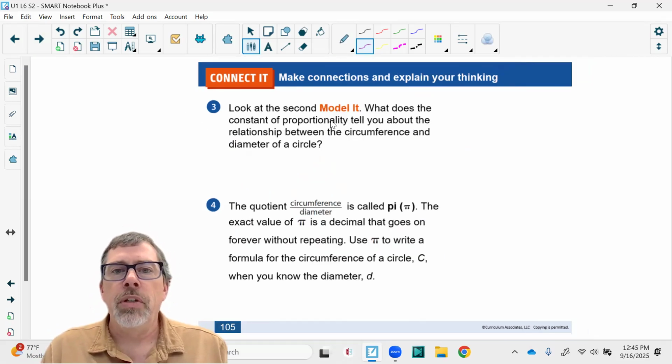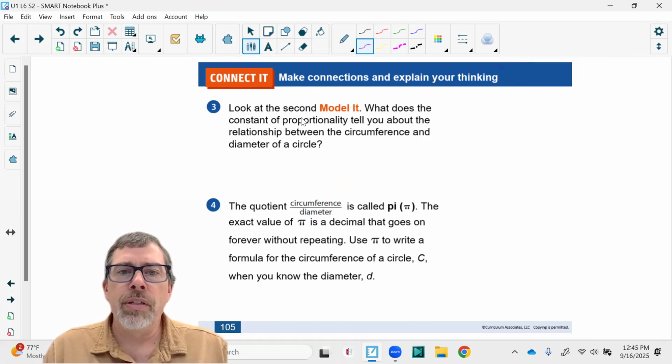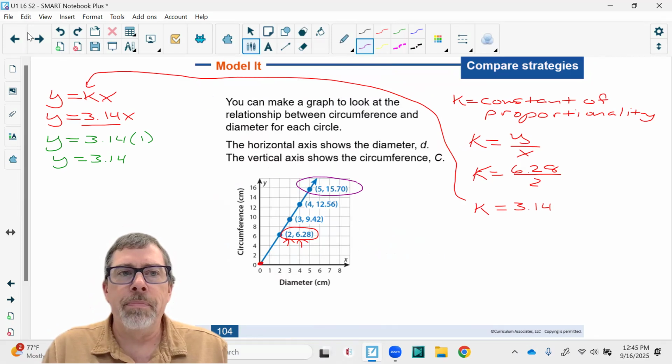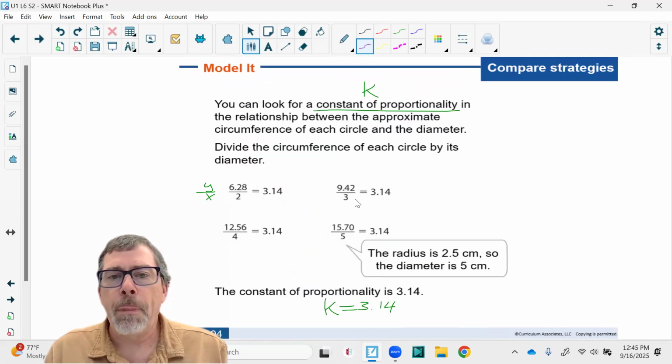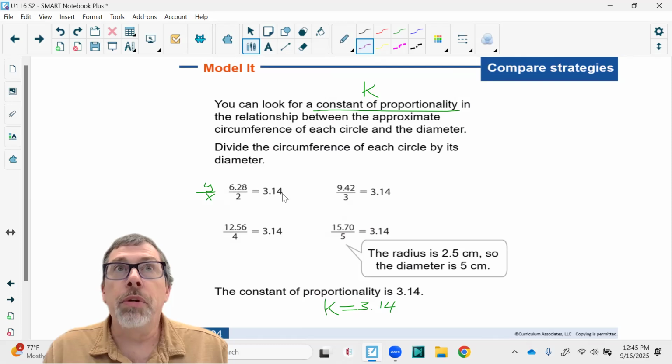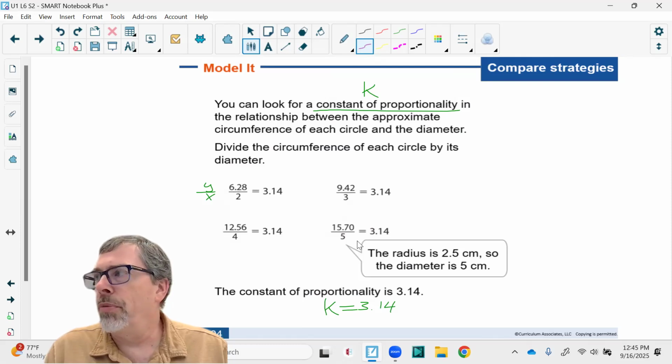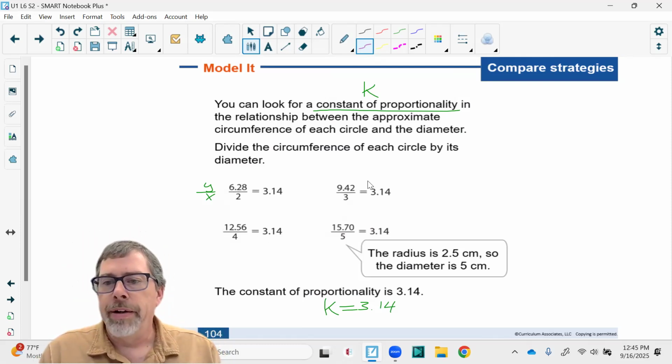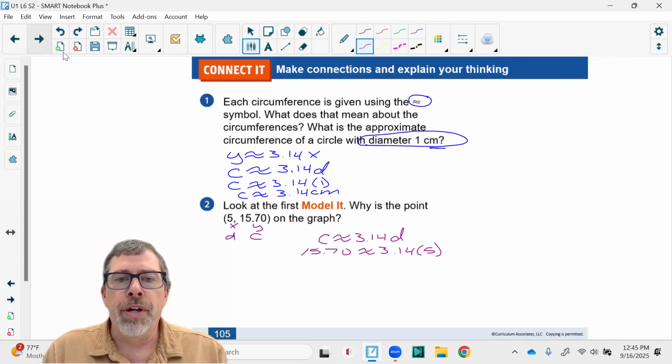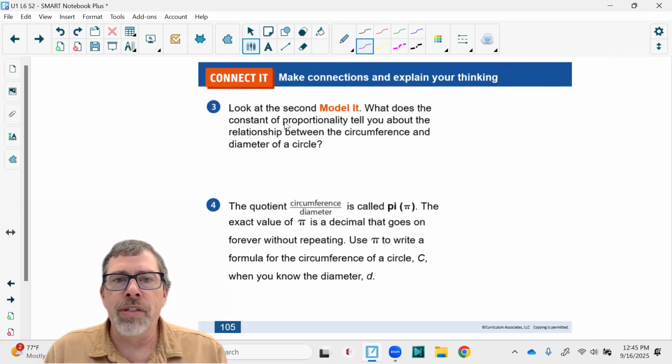Number 3, look at the second model it. What does the constant of proportionality tell you about the relationship between circumference and diameter of a circle? Now we're talking about this model it here. Okay, so we took y over x and found 3.14, 3.14, 3.14, right? So now when you come back here, look at that model it.